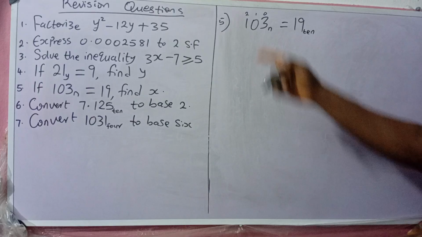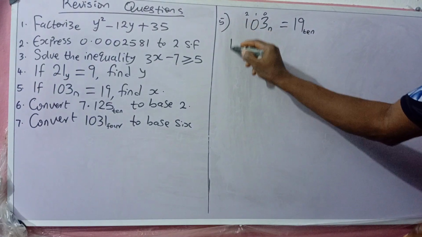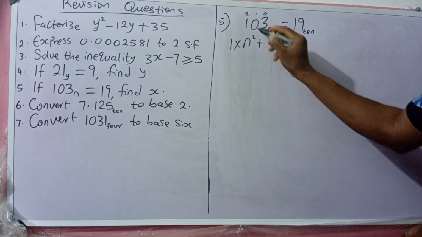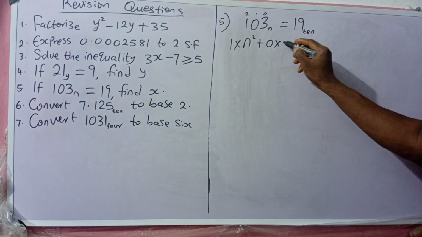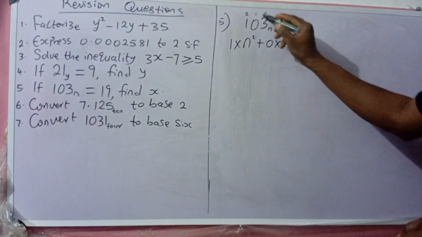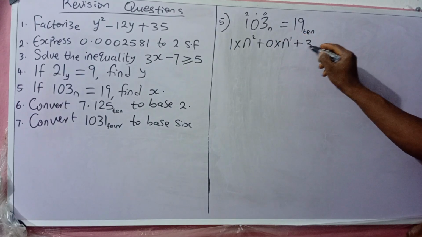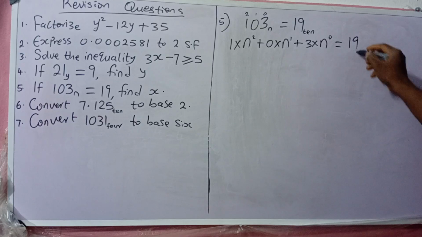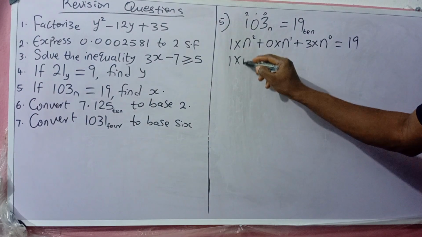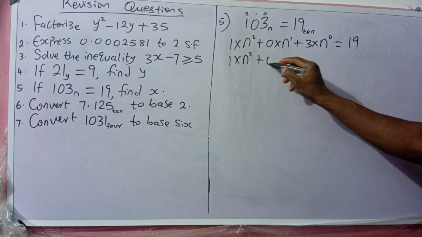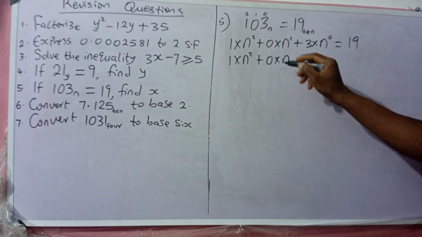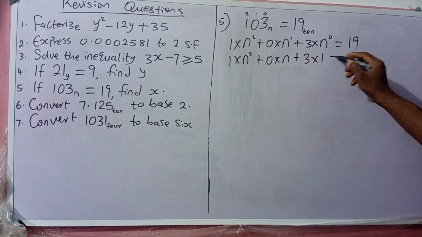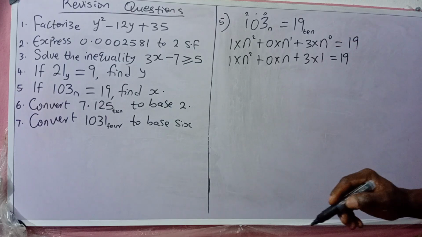That will give us 0, 1, 2. This one is already in base 10. So converting this to base 10 will now be 1 multiplied by the base raised to power 2, plus 0 multiplied by n, which is the base, raised to power 1, plus 3 multiplied by the base n raised to power 0 is equal to 19. 1 multiplied by n raised to power 2, plus 0 multiplied by n raised to power 1, plus 3 multiplied by 1, since anything raised to power 0 is equal to 1, then equal to 19.